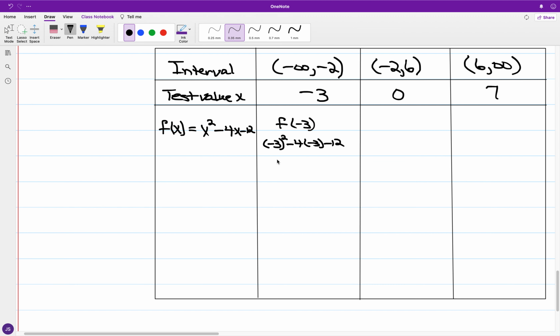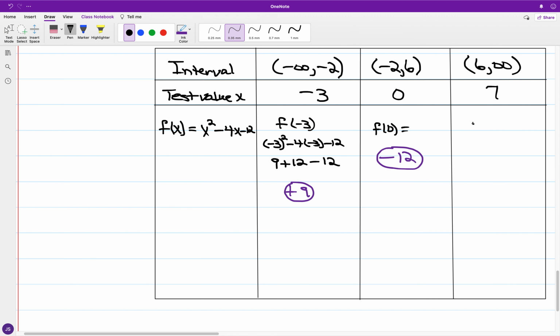Now -3 squared is 9, and we have plus 12 and minus 12, so the positive and -12 will go out, leaving positive 9. And for f of 0, the variable terms become negligible, and so the output is going to be the constant at the end, which is minus 12.